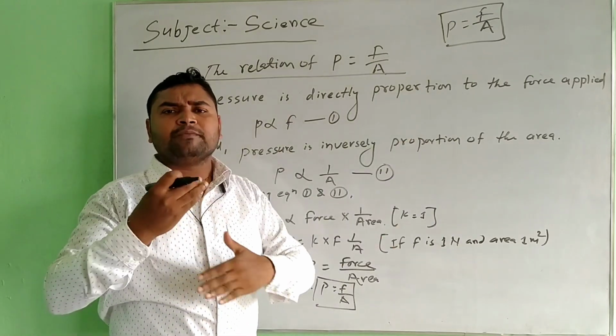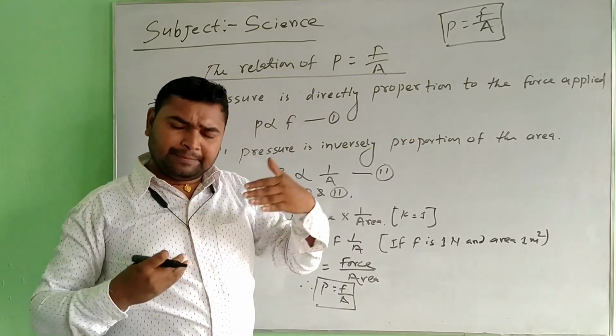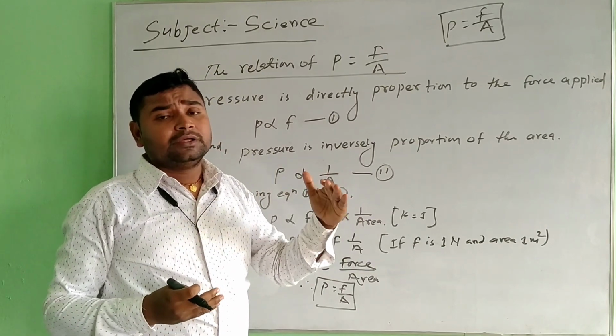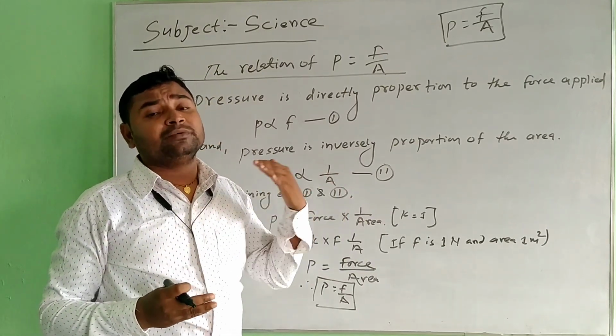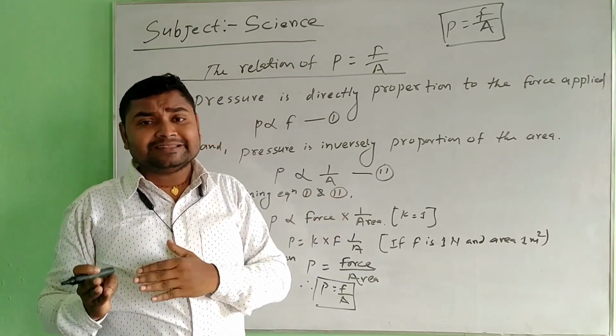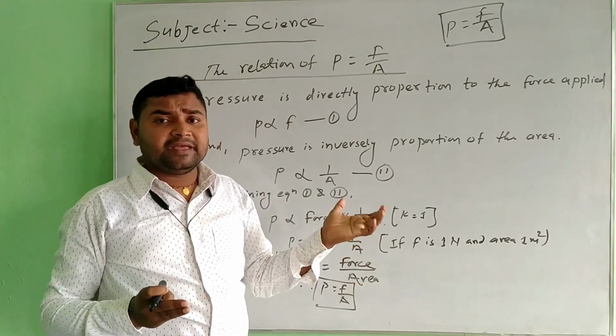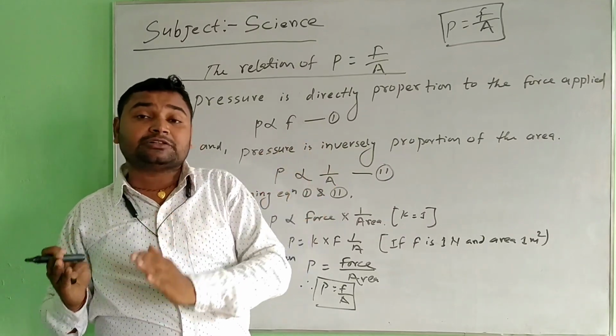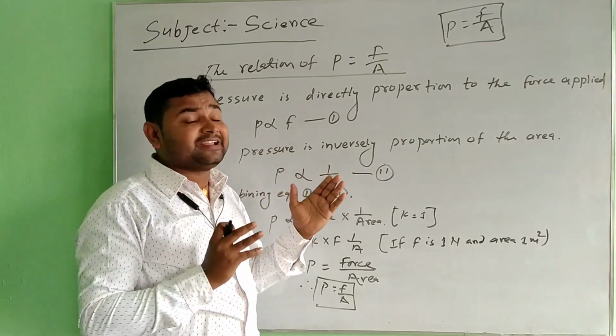It means when more force is applied, the pressure will be more, and if the pressure is more, the force is more. It is a direct relation. When one quantity increases, the other also increases, and if one decreases, the other also decreases. That is called direct proportion.